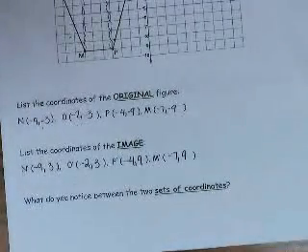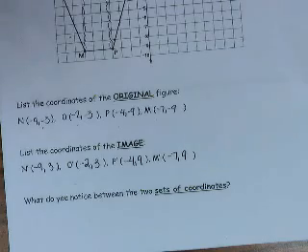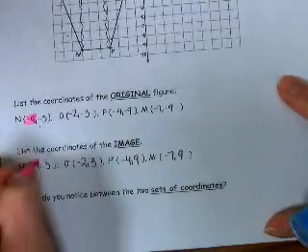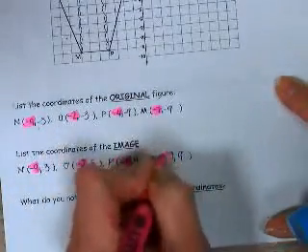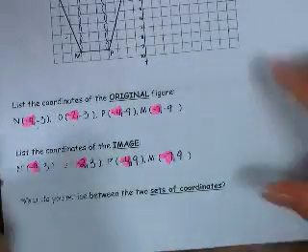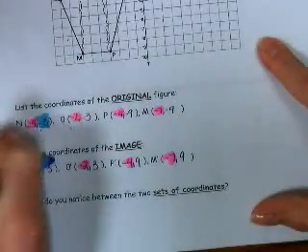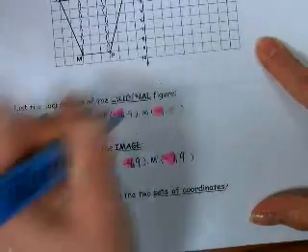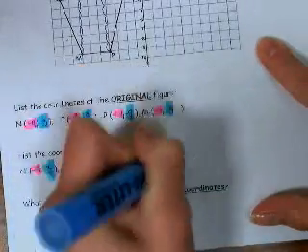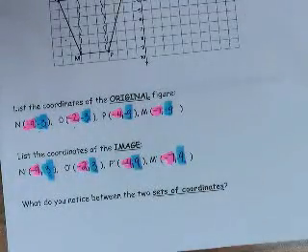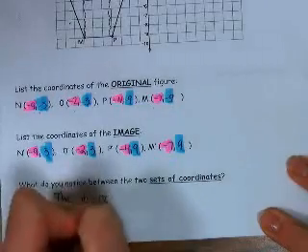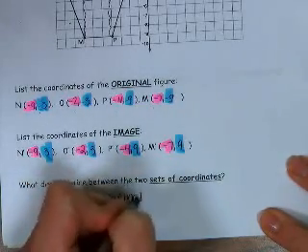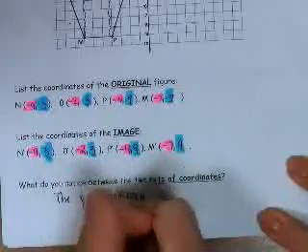So what do we notice between the two sets of coordinates? My x-coordinates seem to remain the same, but my y-coordinates change. So we can simply say that the y-coordinate is negated, or changes sign.